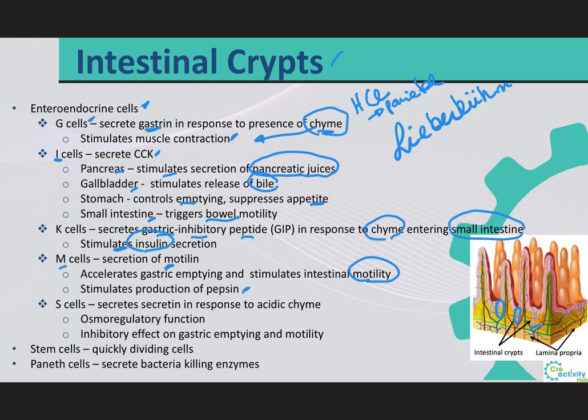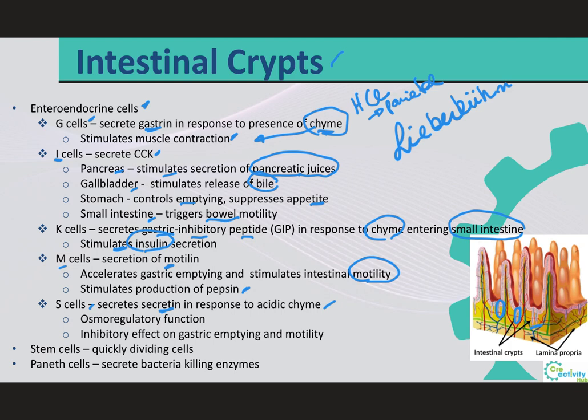Next cell are the S cells, which secrete the hormone secretin. Secretin is secreted when stimulated mainly by acidic chyme that's coming from the stomach. So if you have a pH around 4 already, then secretin gets released.